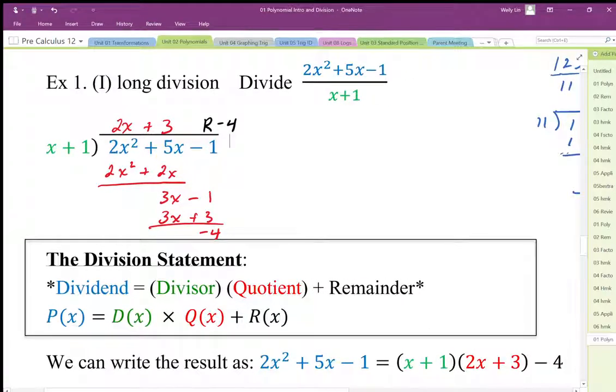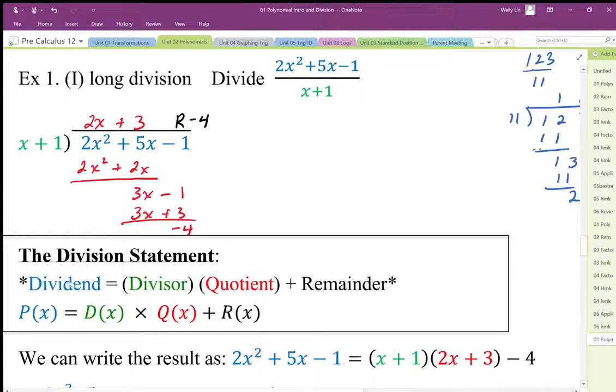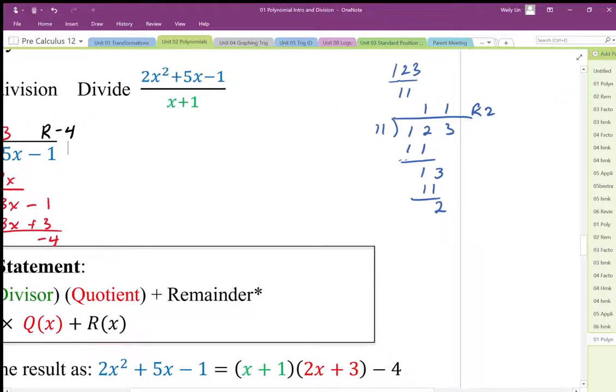Now, this is how we do long division, but we also want to be able to put this into the division statement. The division statement is this: the dividend, what we're dividing, is our divisor times quotient plus remainder. In this case, our dividend was our original 123. Our divisor was 11. Our quotient was 11 here, and our remainder was 2 here.